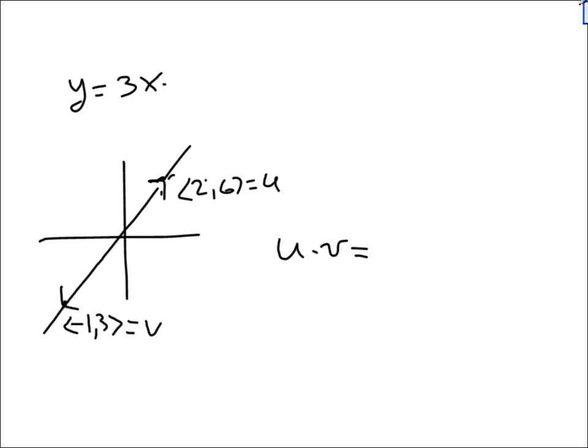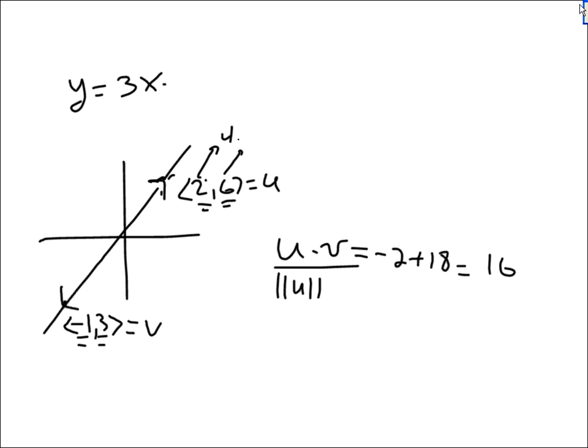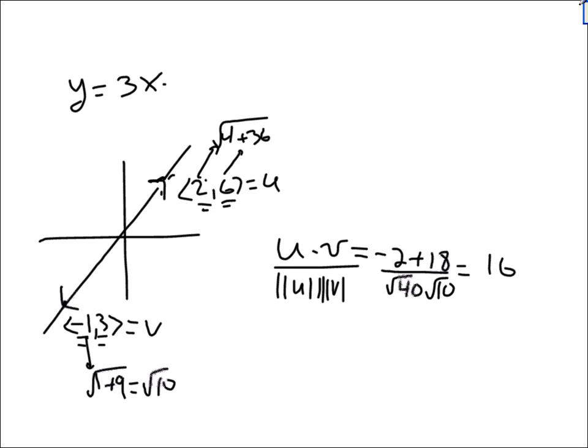u dot v will be, well, 2 times negative 1 is negative 2 plus 6 times negative 3 is negative 18. Negative 2 plus negative 18 is negative 20. I divide by the length of u, which is 4 plus 36, the square root of 40. The length of v is, you square negative 1, you square 3, you get the square root of 10. The product becomes the square root of 400, which is 20.